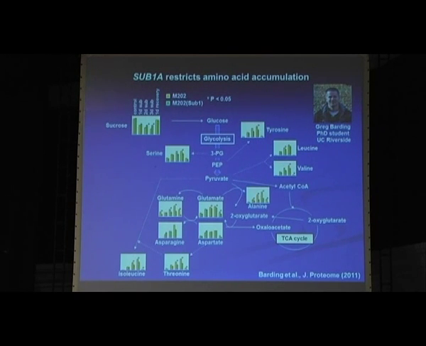This is also an example of the quiescence response. M202 sub1 accumulated more amino acids. So this data indicates carbon flow is slower in M202 sub1 than M202, which is beneficial to avoid carbohydrate starvation during submergence. So SUB1 plants can endure complete submergence for a long time period by avoiding carbohydrate starvation.